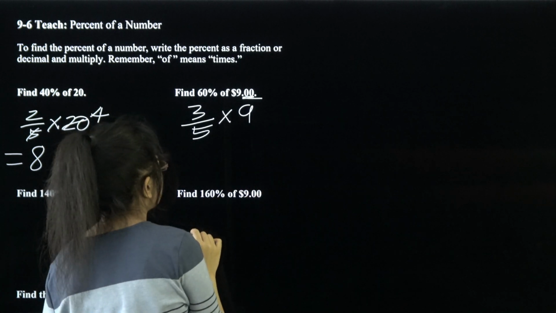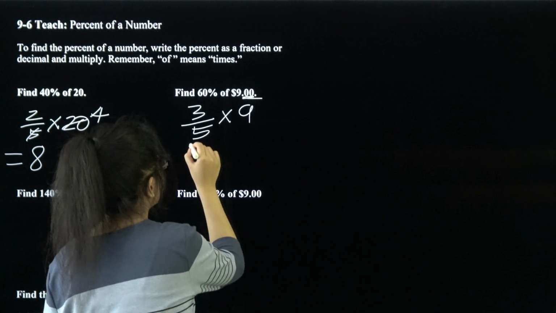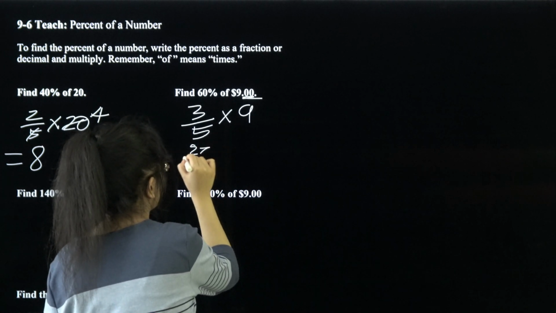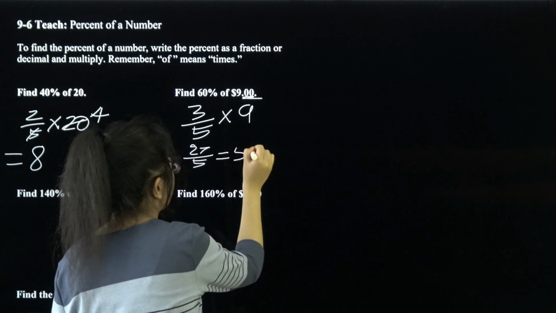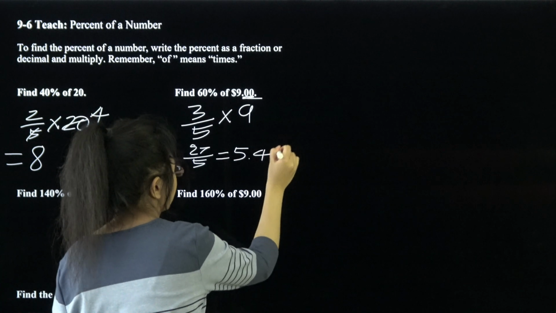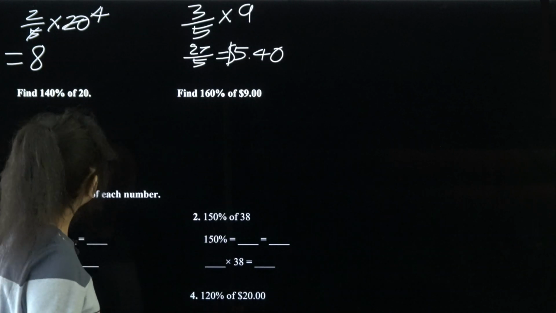So that would be 27/5, which equals $5.40.